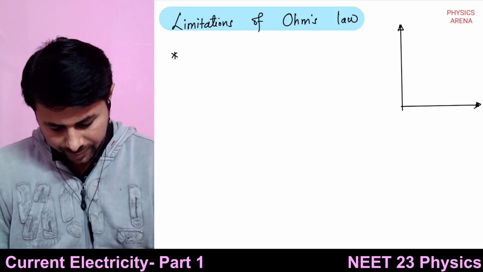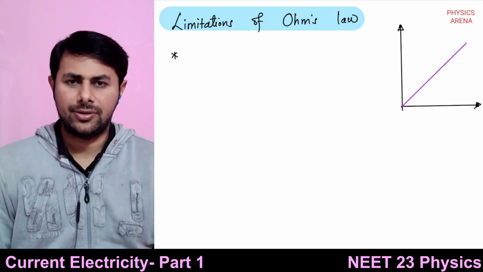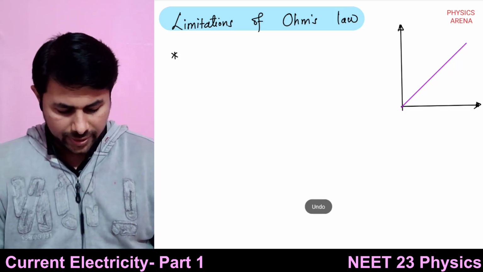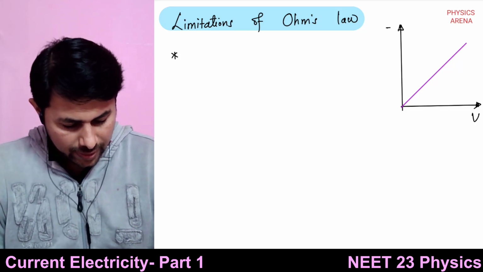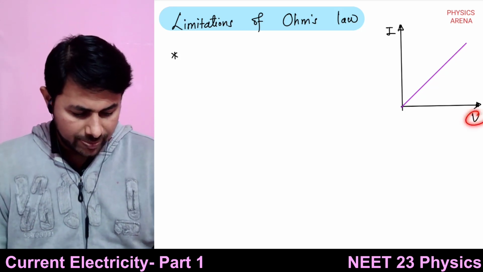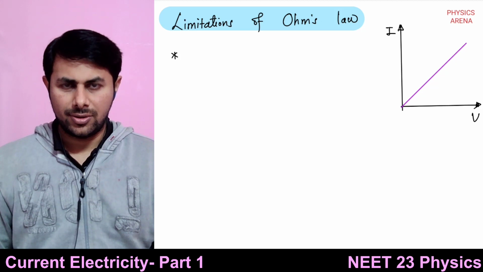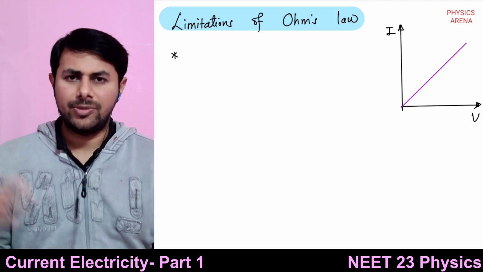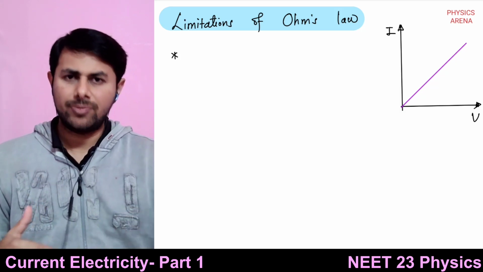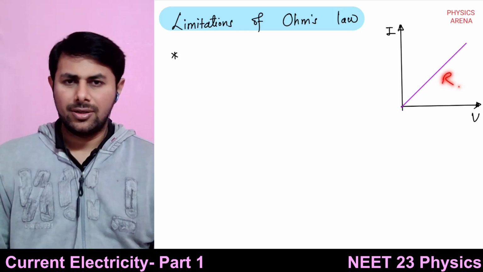We get a line like this passing through the origin, because no potential difference means no current. So this is V versus I, or we can take I versus V. If the potential difference is zero across a conductor, then current would be zero. If we plot V versus I and take the slope of the line, we'll get V upon I, and it is resistance.